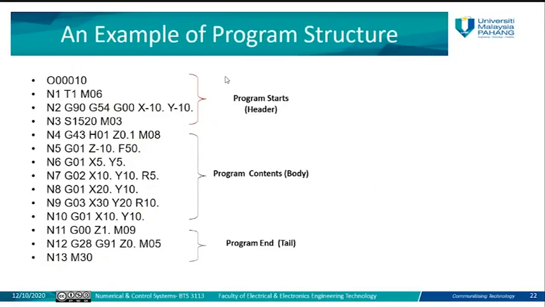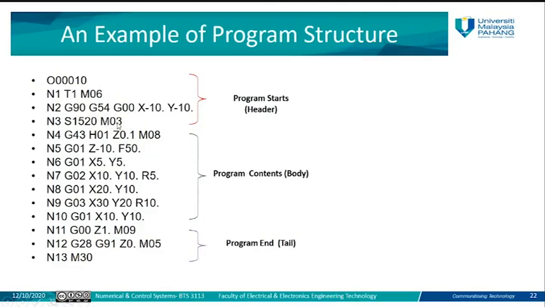So this is the example for program structure here. We start from the program start header, then the program content or body, then the program end. This part, just the four lines here, we call the program header, because in this part we do not have machining.